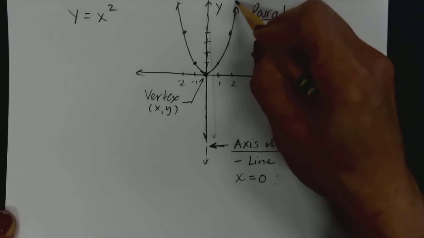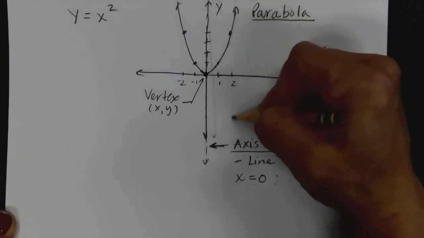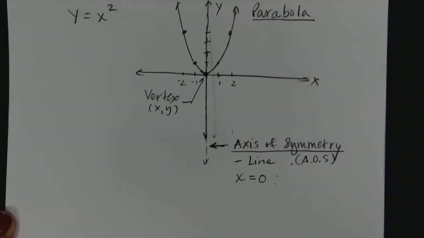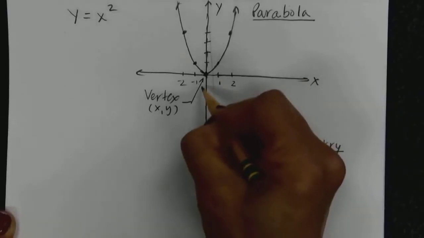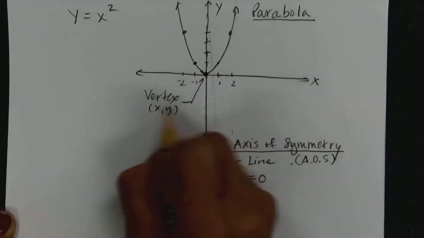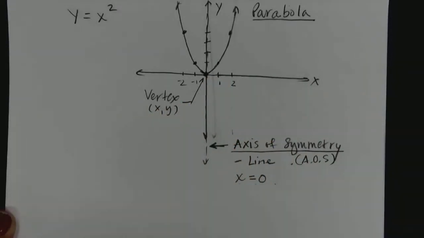What if I had an axis of symmetry that went through here? What would be that equation? x equals 2. You don't just say 2, because 2 is just a number. I want an equation of a line, so it has to be x equals whatever that number is. And the vertex is a point, so you give me an ordered pair.